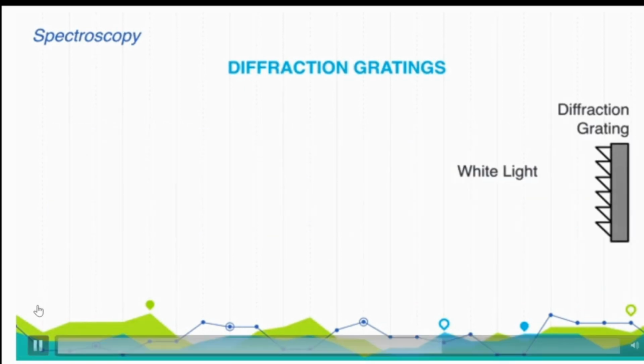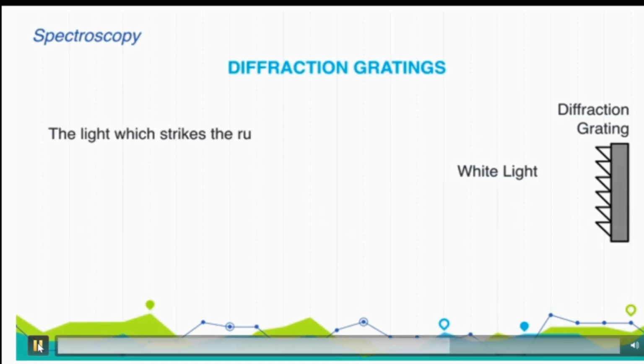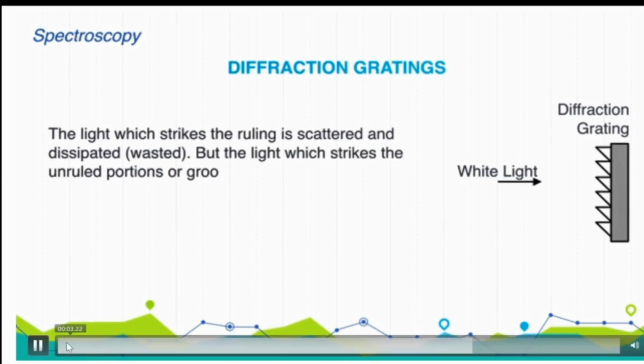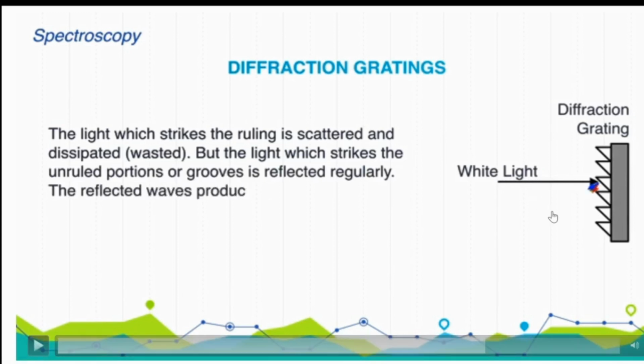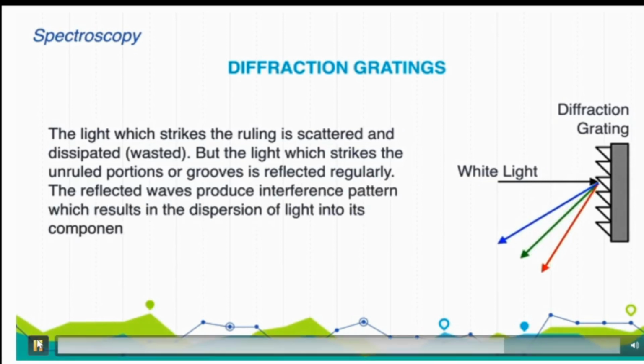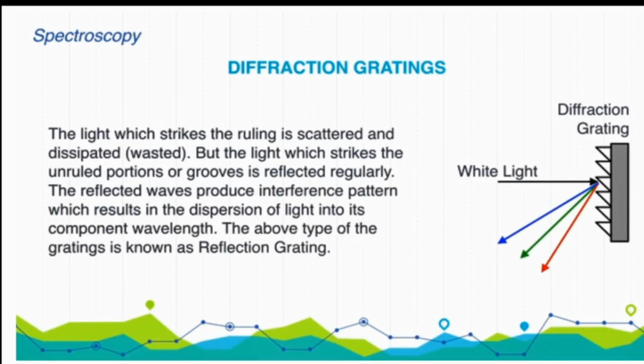The light which strikes the ruling is scattered and dissipated or wasted, but the light which strikes the unruled portion or grooves is reflected regularly. The reflected waves produce The reflection you need to listen. interference pattern, which results in the dispersion of light into its component wavelength. The above type of grating is known as reflection grating.